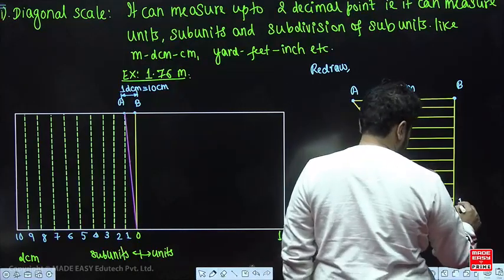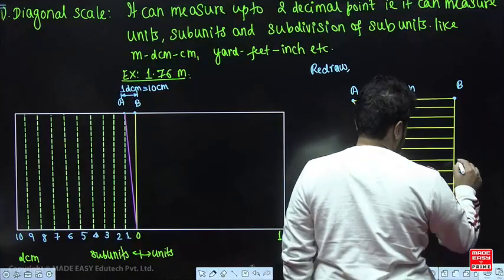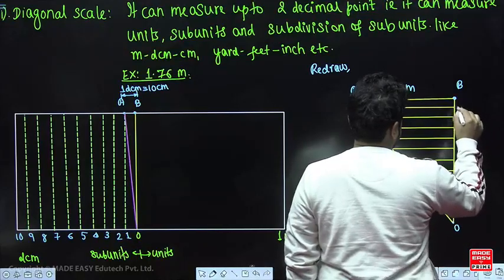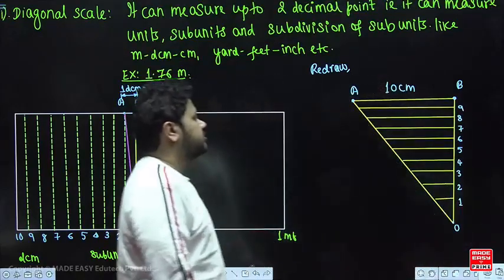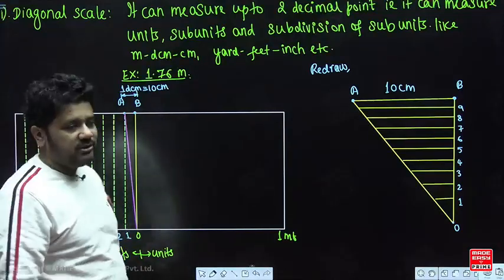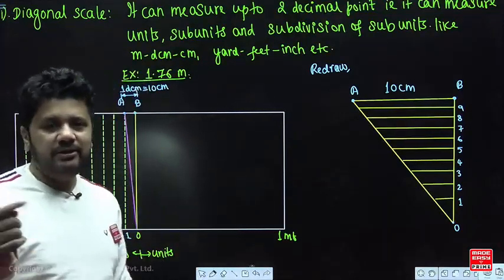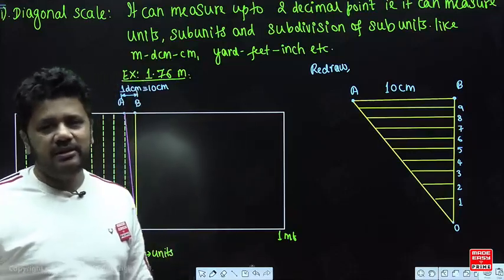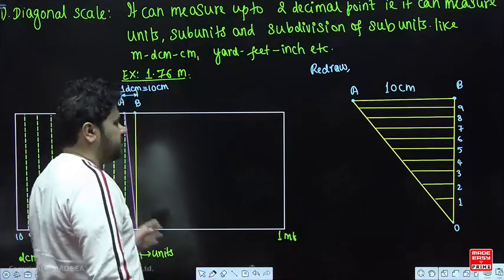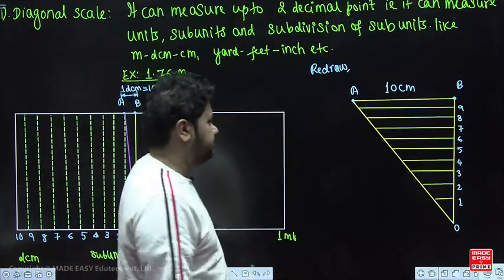So let us say this is 1, 2, 3, 4, 5, 6, 7, 8, 9, correct? That means I have divided this triangle into 10 equal parts. Why have I done 10 equal parts? Because from decimeter to centimeter there are 10 divisions, right? So 10 divisions of decimeter will give you 1 centimeter.